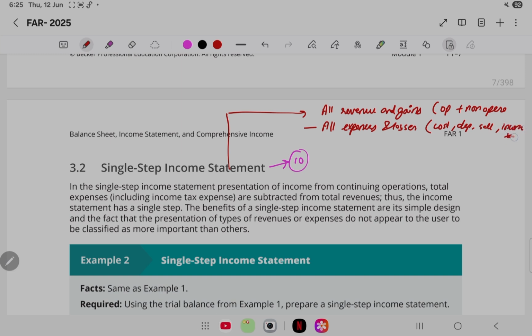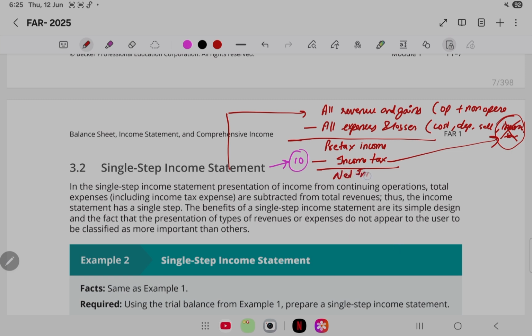This is also an expenditure for us, right? This income comes as pre-tax income, then less the income tax, though it is not shown separately here. If we see the question, the income tax is not shown separately; it is shown in the all expenses category only.